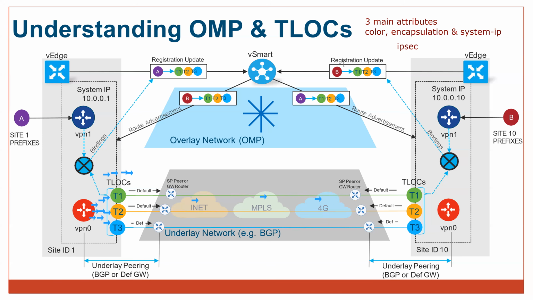So encapsulation part will be the same in most cases. Sometimes when you are using GRE tunnel or other things, then encapsulation will change. But most of the time encapsulation is the same, system IP will be the same. Then how will TLOC be different? So TLOC will be different with respect to color.